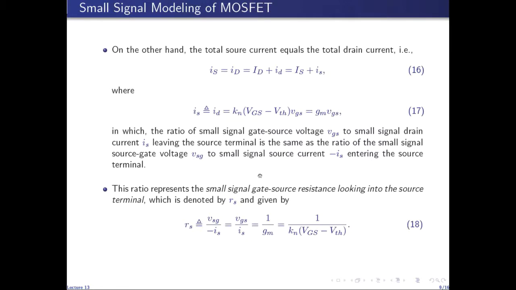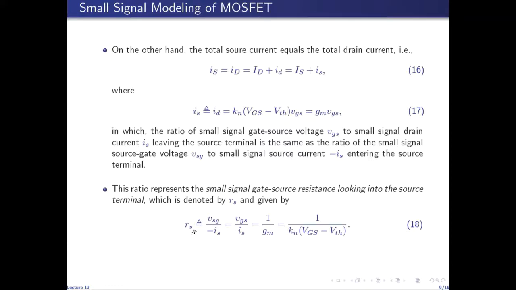So in this case, we take the source terminal as being positive with respect to the gate. In other words, if I measure the voltage at the source with respect to the gate, and instead of taking the source current coming out of the source terminal, I assume minus IS going into the source terminal, then the ratio of the voltage between source and gate, which is vsg, divided by the current entering the source side of the port.